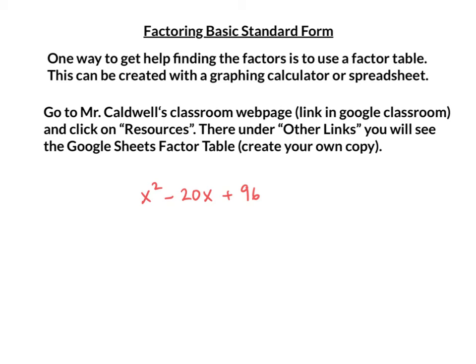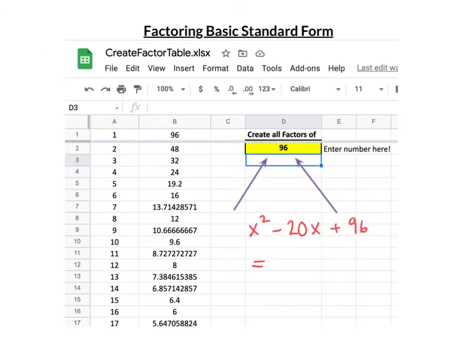This can be very useful if you end up with big numbers like 96. It's not easy to find factors of 96 that add to 20. A factor table makes finding these numbers much easier. Let's factor this question. To use the factor table, all you do is in the yellow box, you plug in the last number, in this case 96, and it will list the factors.